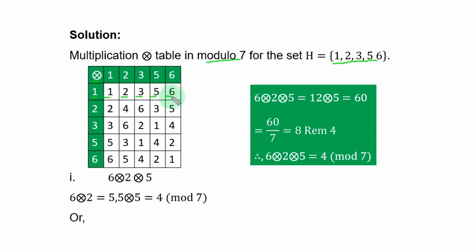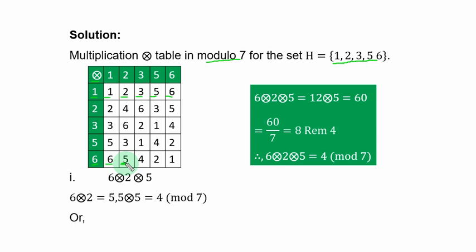You do the same thing. So let's take the last element in the row. 6 times 1 is 6. 6 is an element in modulo 7. Then you take 6 times 2 is 12. 12 is not an element. Divide 12 by 7. You have 1 remainder 5.